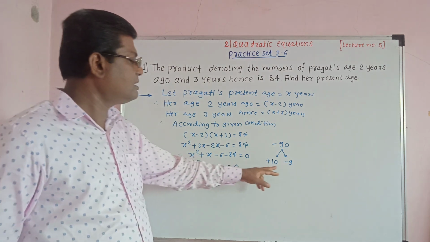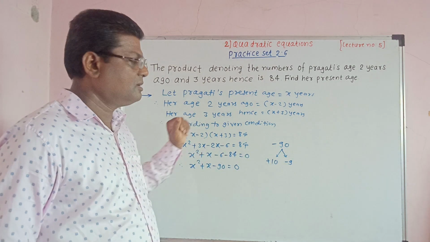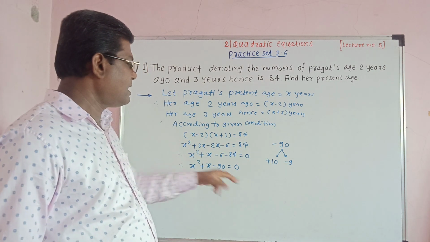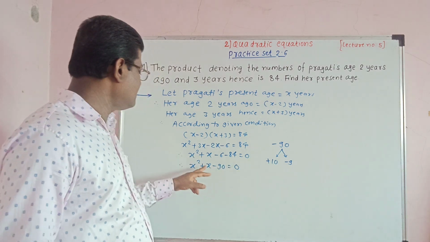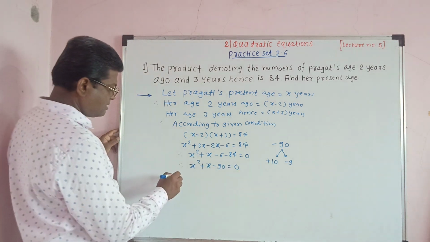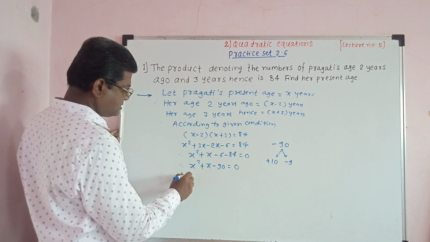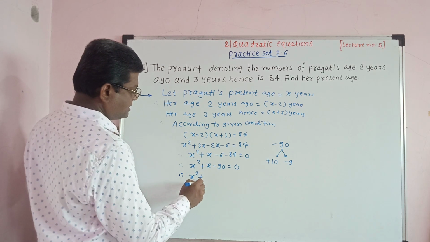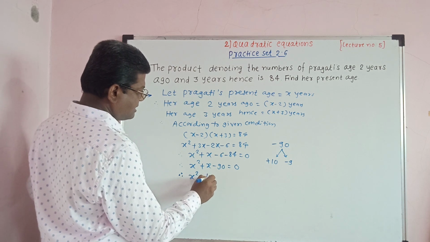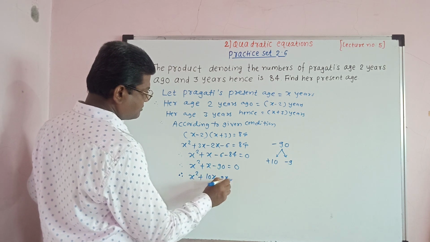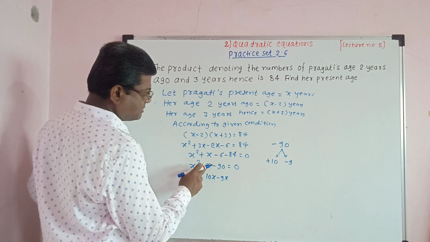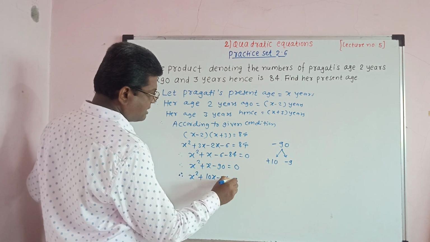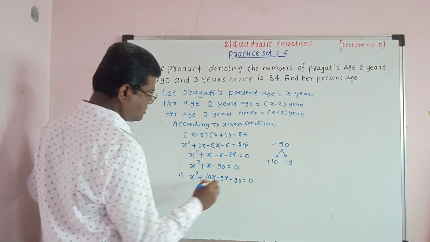So plus 10 into minus 9 is minus 90, and 10 minus 9 is equal to 1. Therefore split up the middle term as 10x minus 9x. We get x square plus 10x minus 9x minus 90 is equal to 0.